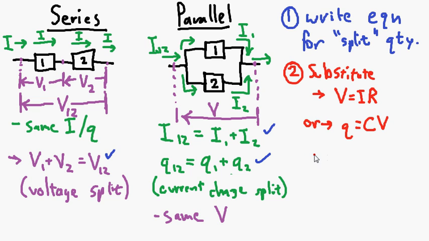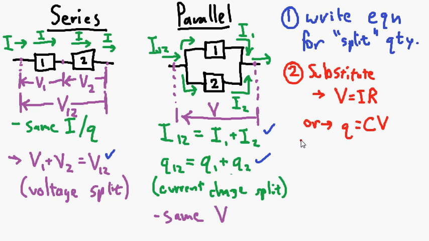And what you do there is you take advantage of whatever is the same, and you're taking the things that get split and turning it into terms of whatever stays the same.